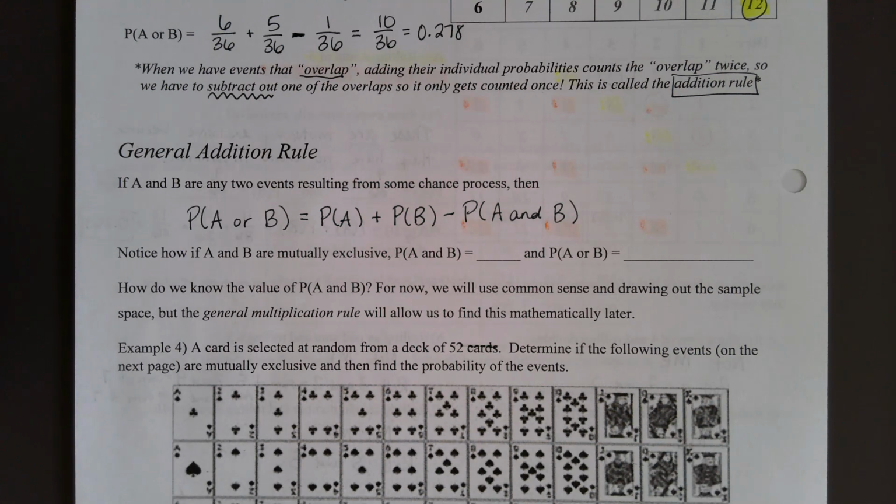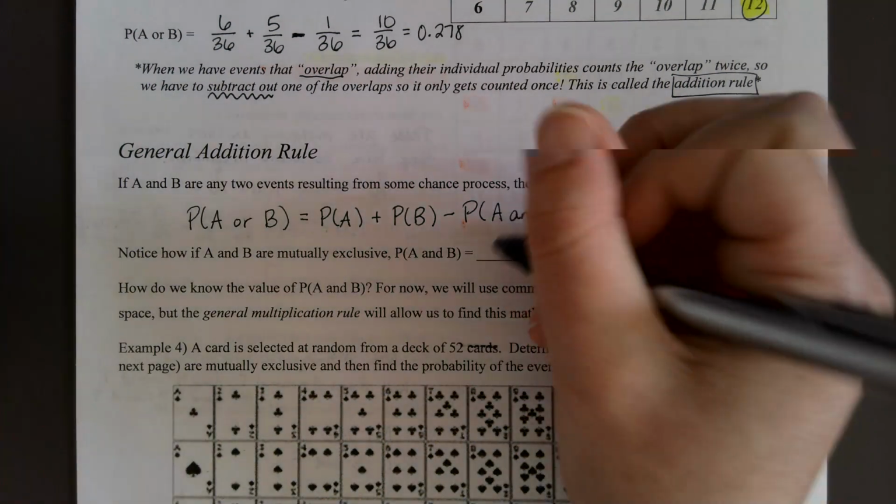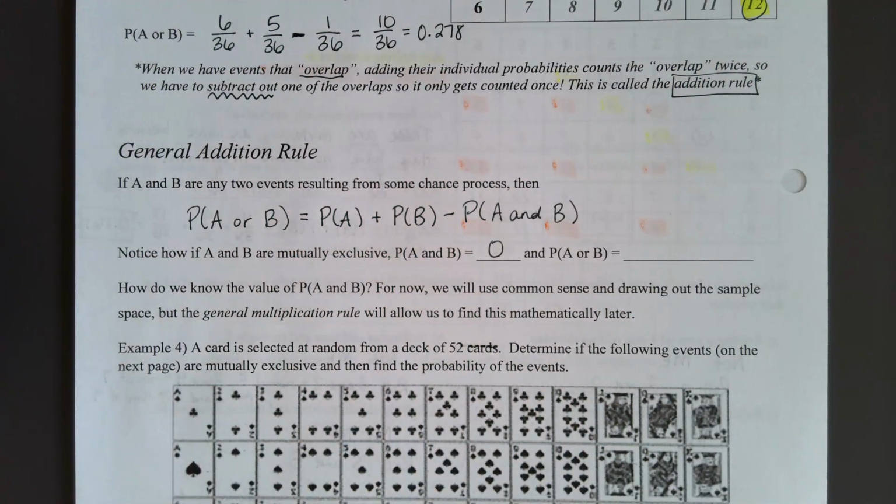We have to subtract out at least one of them. We're going to count the first one in one of the events, but we're going to subtract it out of the second event. So notice that if you do have mutually exclusive events, the probability of A and B is going to be 0, just like we were talking about.